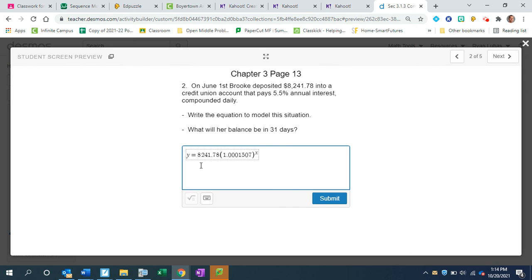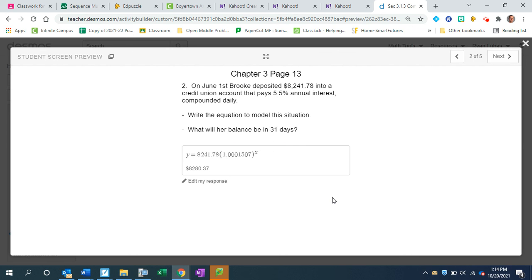Again, it's the equation to model it for any number of days. And then the second answer would be your money answer, $8,280.37. And then just press submit. It is not self-checking, but that's how you're going to type in your answers.